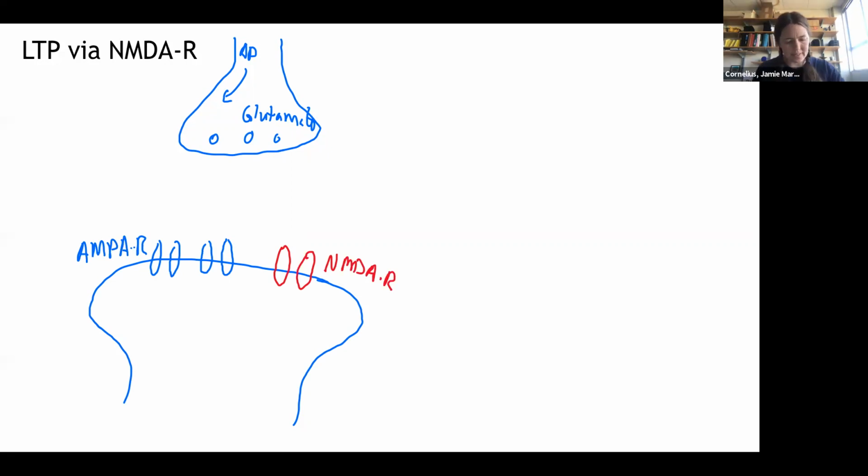And so when this presynaptic cell fires an action potential, you get glutamate release. And glutamate is going to bind to AMPA, and it's going to bind to NMDA. Glutamate binding is enough for AMPA to open.